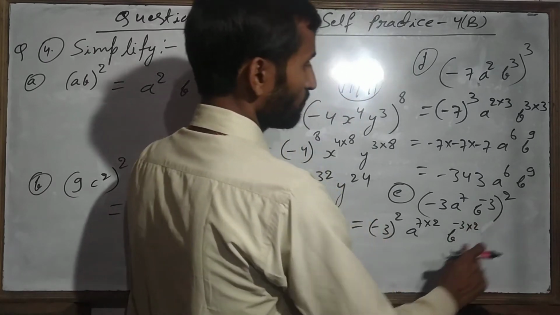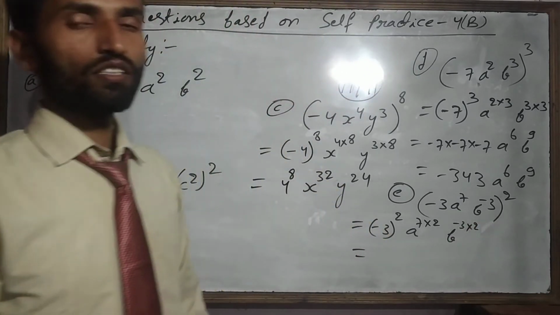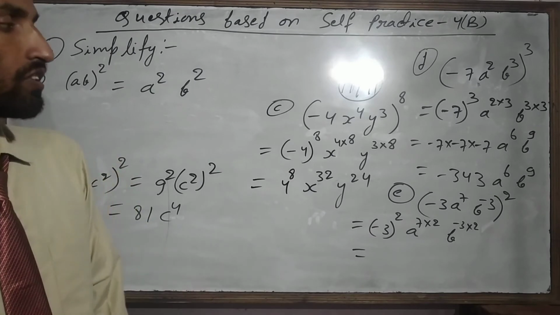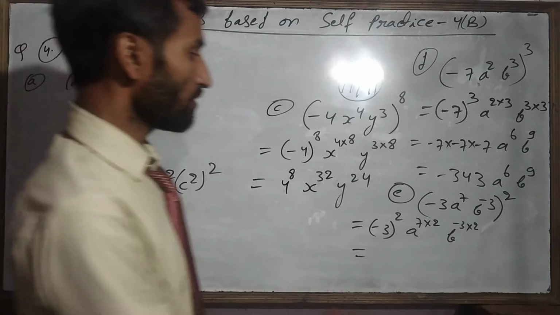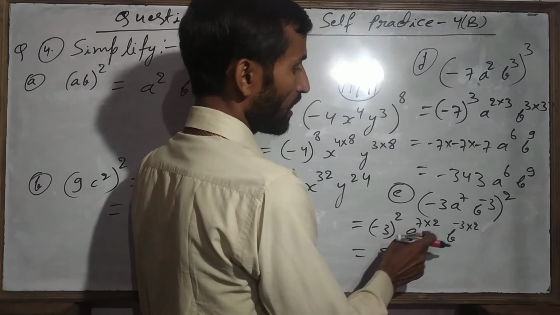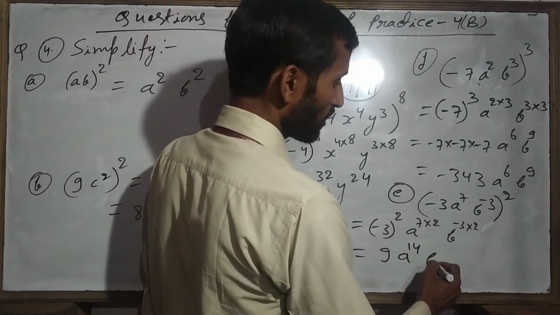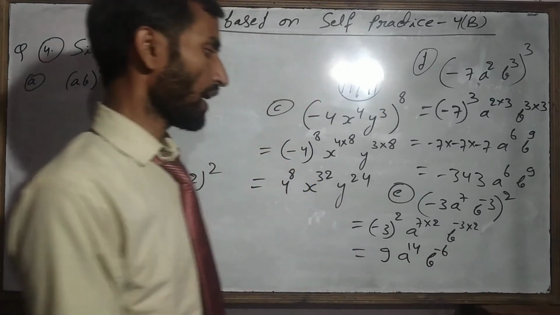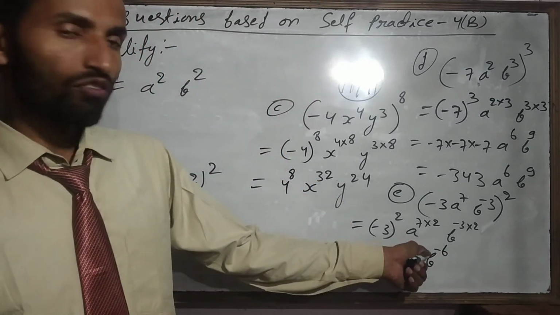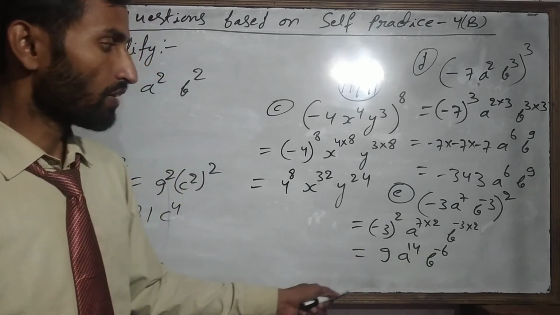Now minus 3 square means minus 3 into minus 3, so it will come 9, a will come 14, and b will come minus 6. So 9 a power 14 b power minus 6. This is the final answer.